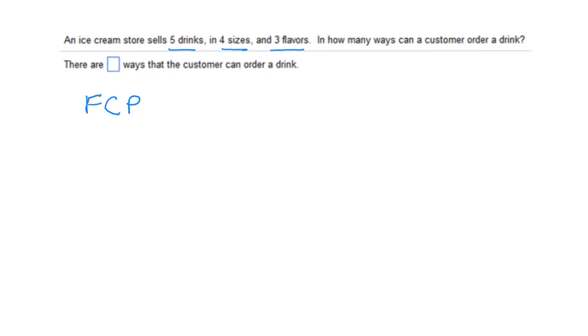All right, how many ways can we order a meal using 3 courses or 3 categories? So this is 5 drinks times 4 sizes times 3 flavors. And that will give us 60 ways to order a drink.